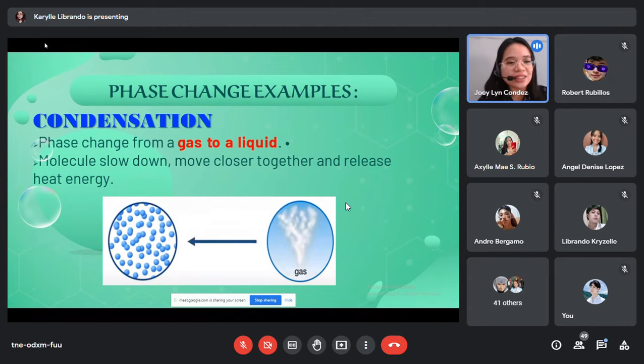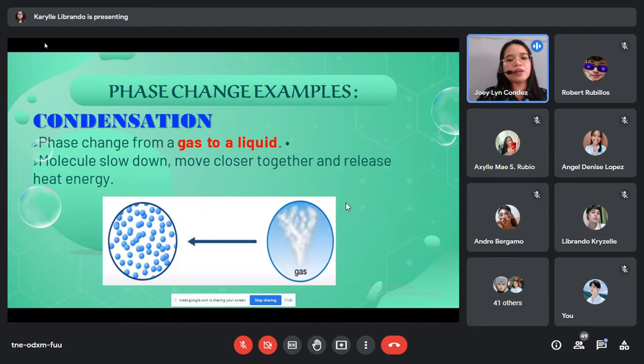Condensation is a phase change from a gas to a liquid. In melting and evaporation, we add heat energy. What about in condensation? What do we do with the heat energy? What happens to the temperature here? Again, in condensation, we remove or release heat energy.